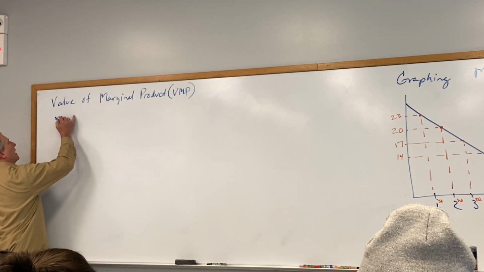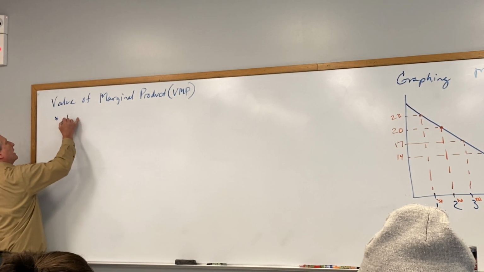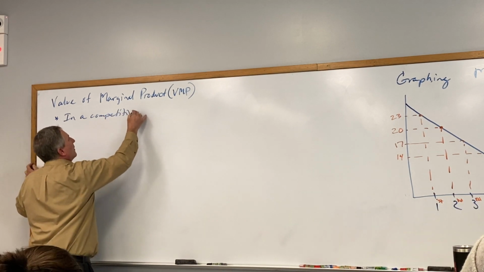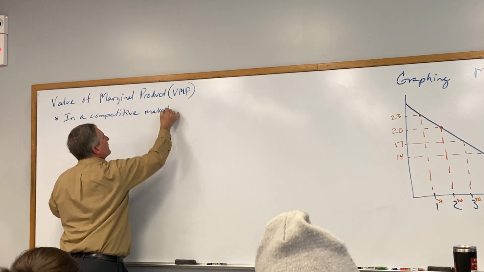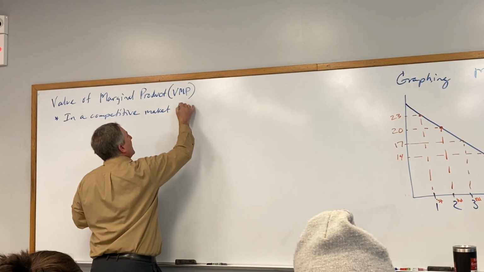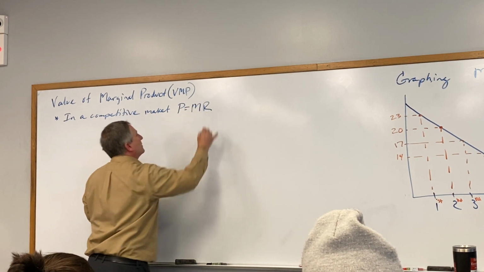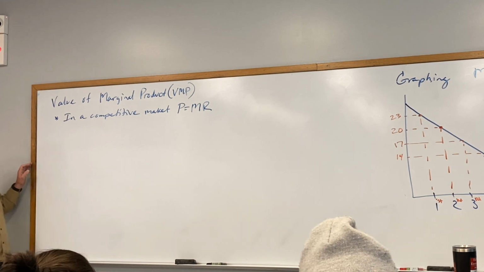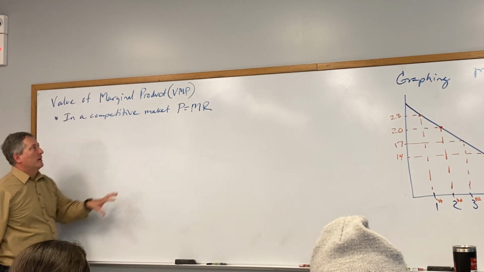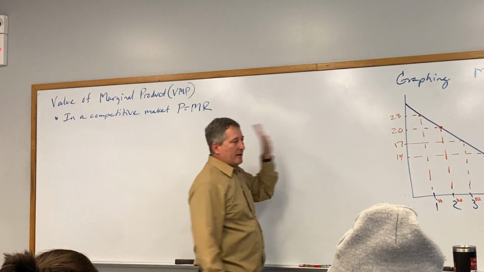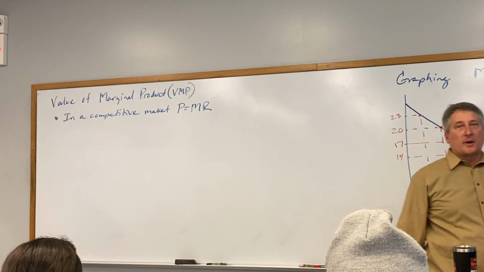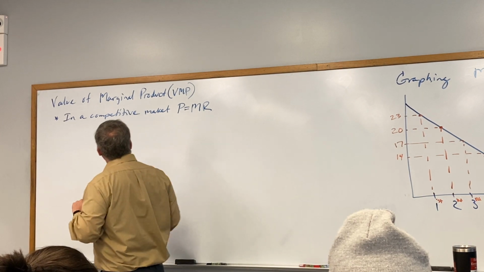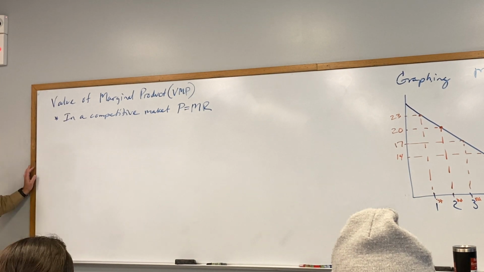I'm going to start by just kind of explaining where this really comes from. So in a competitive market, price equals marginal revenue. So remember, Farmer Tom, Dick, and Harry were price takers, right? So if you're a price taker, then price equals marginal revenue.